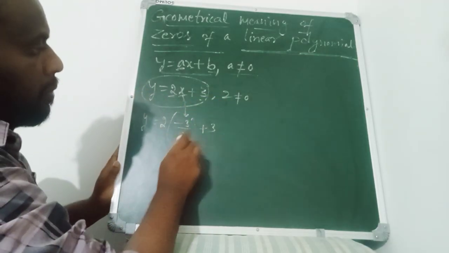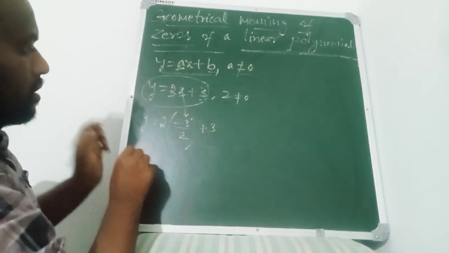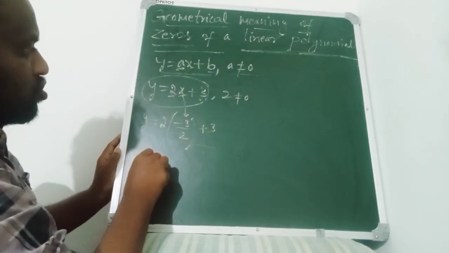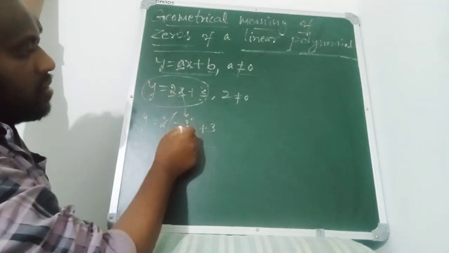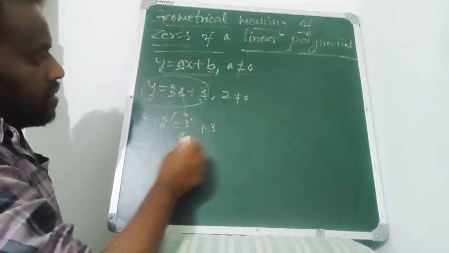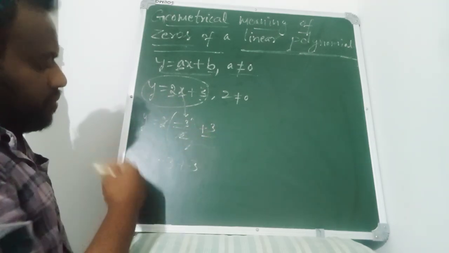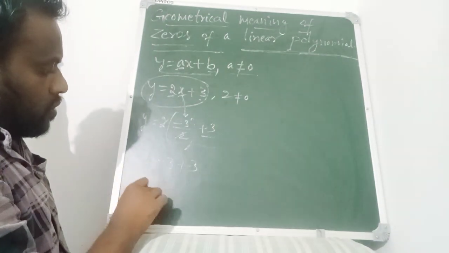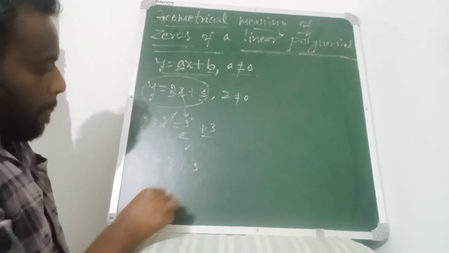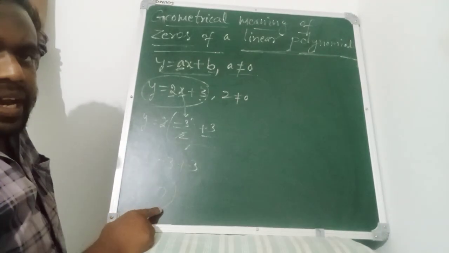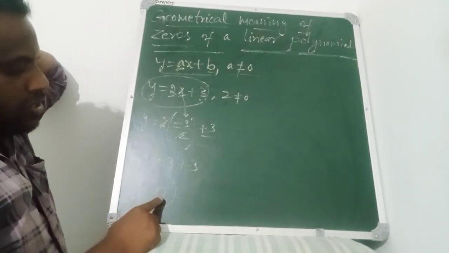Now you have to simplify this part. See, this 2 cancels. What is left? Minus 3 and this plus 3. Now y is equal to minus 3 plus 3, which is 0. Okay, so we got 0, right? So y is equal to 0.